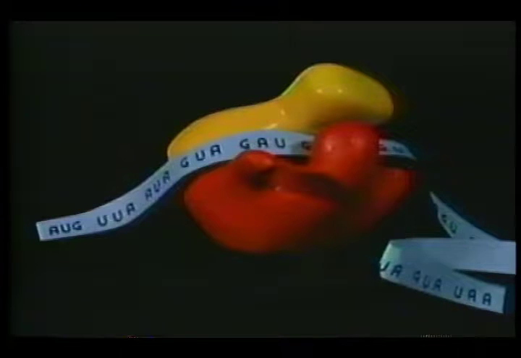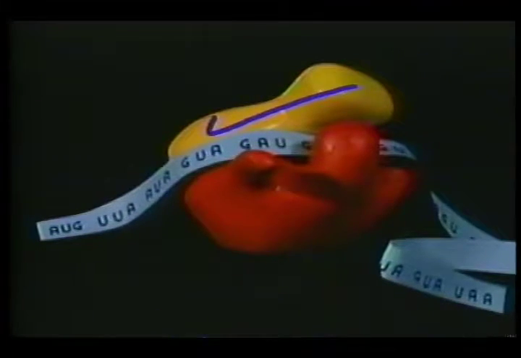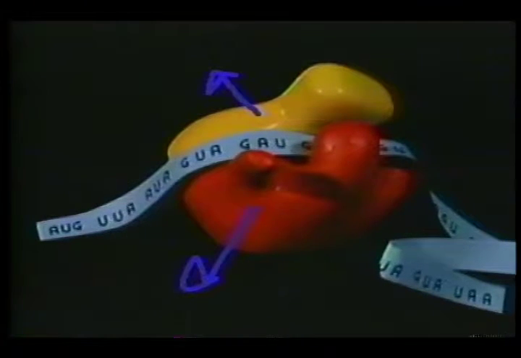Okay, we do have a model here on the laser that'll show you a little bit about the ribosome. The tape that you see running down through the middle is another RNA molecule, messenger RNA, and we'll talk more about it later on. The yellow piece of the model is one of the subunits, and the red piece is the second subunit. It is possible for these two to come apart. In fact, we can take them apart, put them back together, and the messenger RNA tape does run down in between them.